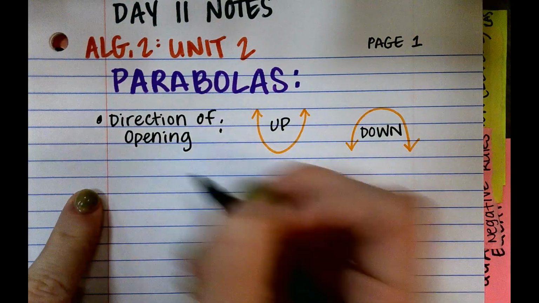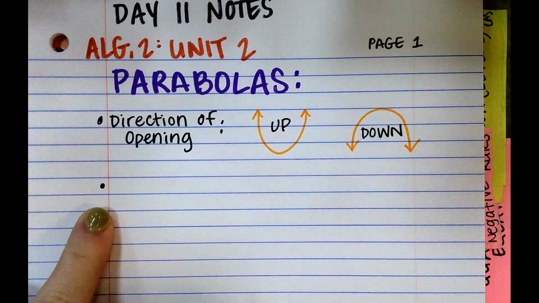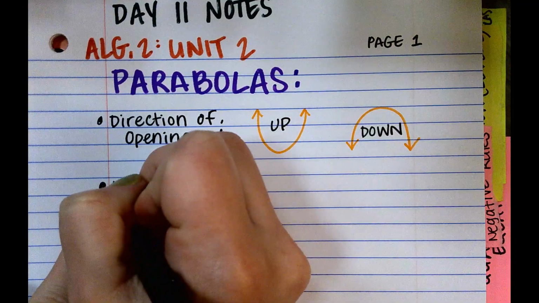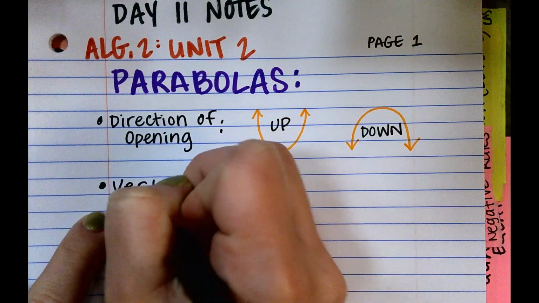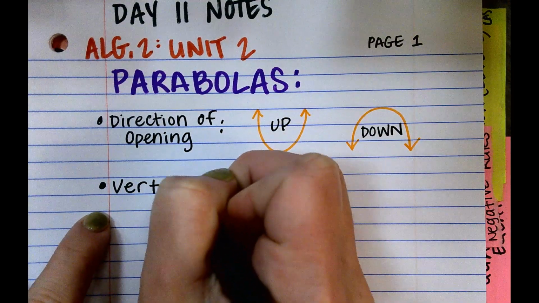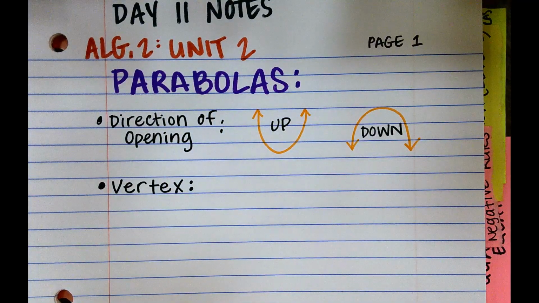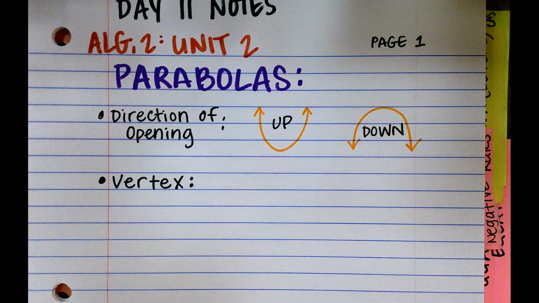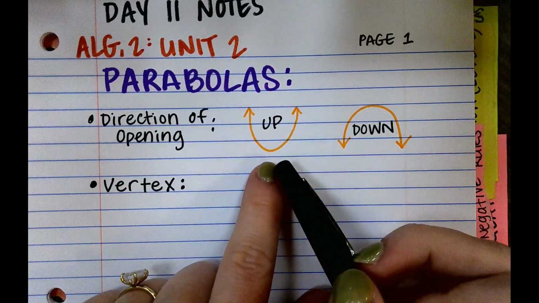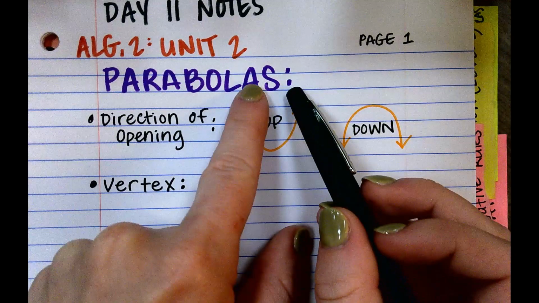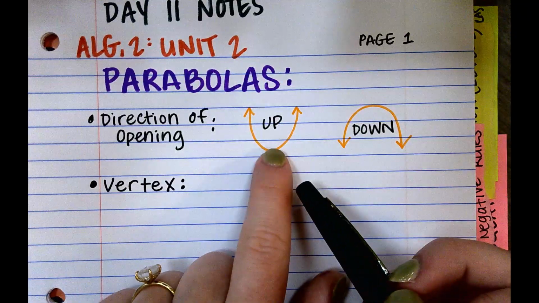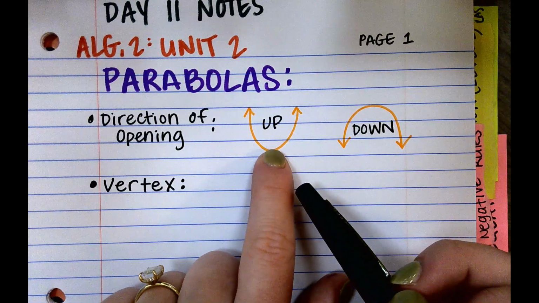Okay. Next, we have vertex. The vertex is either the highest point or the lowest point in the center of the graph. So if my parabola was facing up, this little center point here would be the lowest point.